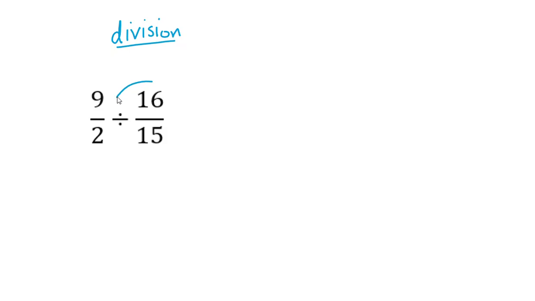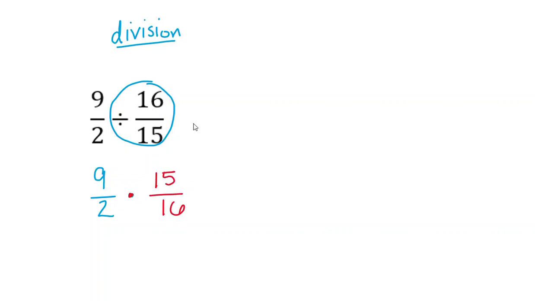You remember, because you've done this before, that division of fractions is the same as multiplication by the reciprocal. So instead of saying 9 halves divided by 16 fifteenths, we say 9 halves, the first number doesn't change, times, and we're going to change it to times 15 over 16.